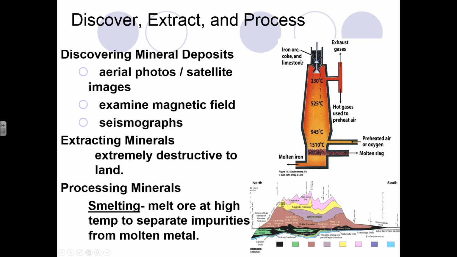We're going to get our molten iron down here, and then we're going to end up with something called slag. This is the waste material that we have to dispose of elsewhere. It's less dense than iron, so it's going to float on top of the iron. So the waste product from a smelter, or from the process of smelting, is known as slag.